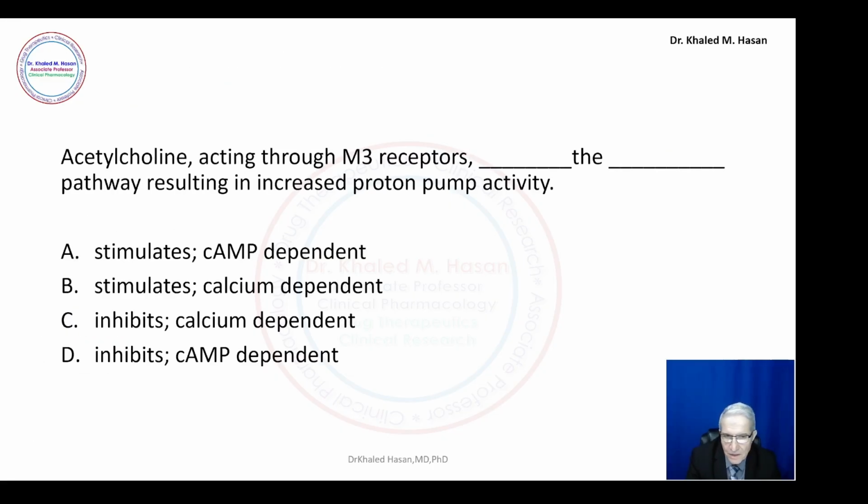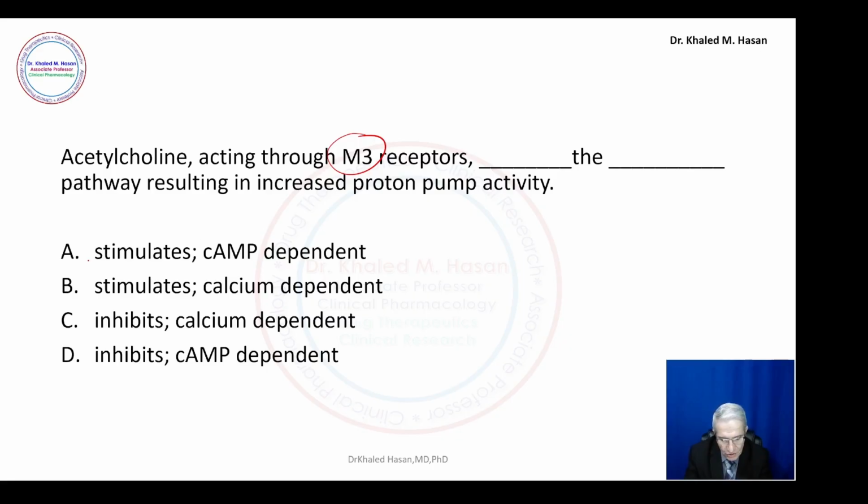Okay, another case, a fill in the blank. Acetylcholine acting on the M3 receptor, through the blank pathway, results in increased proton pump activity.